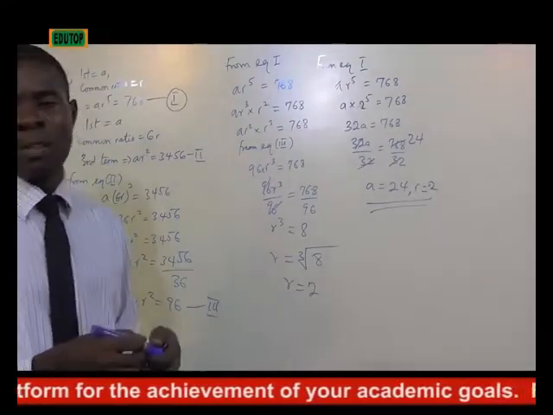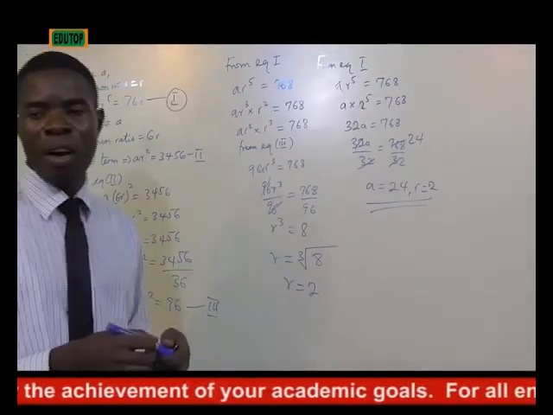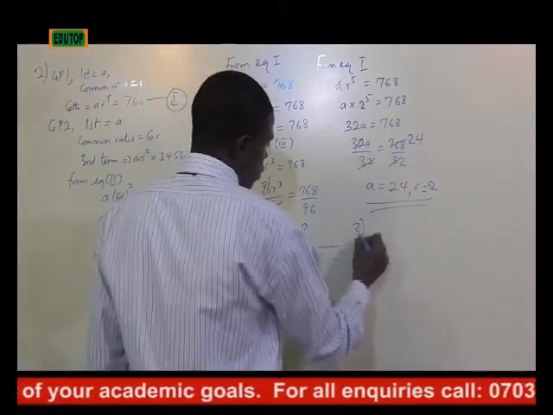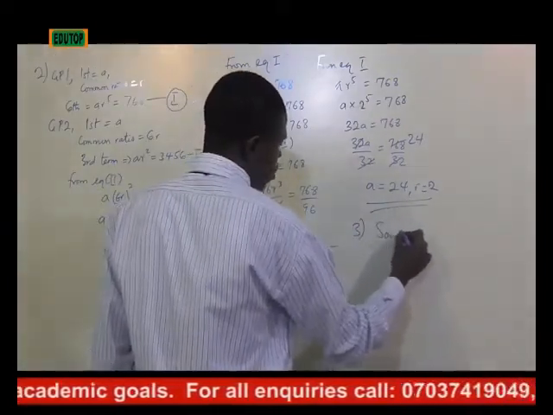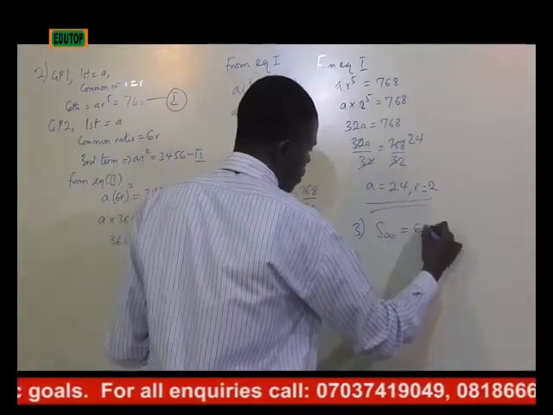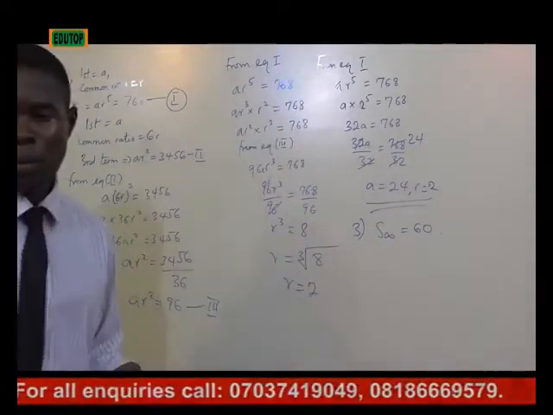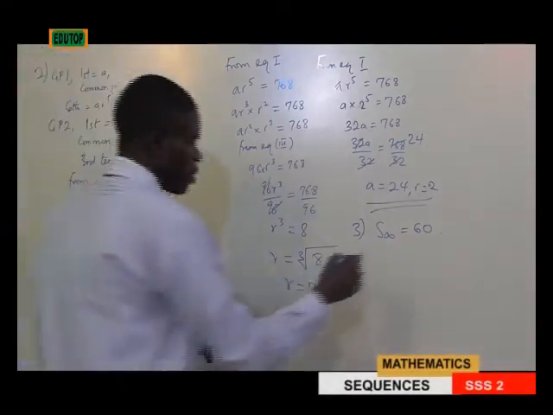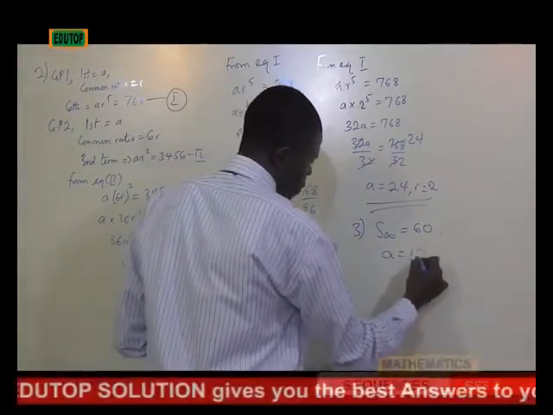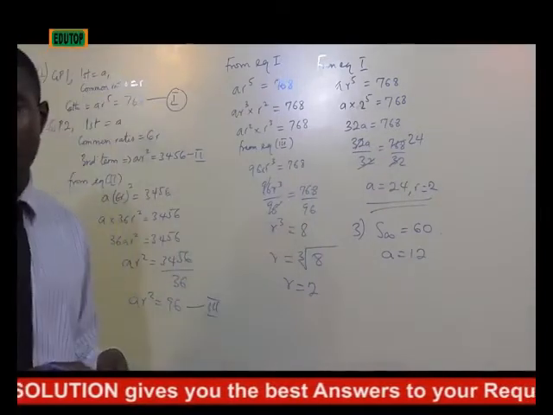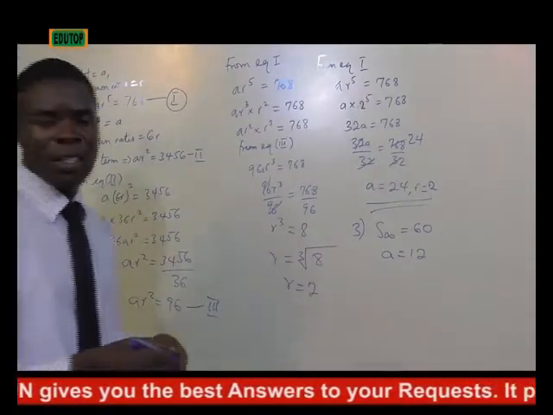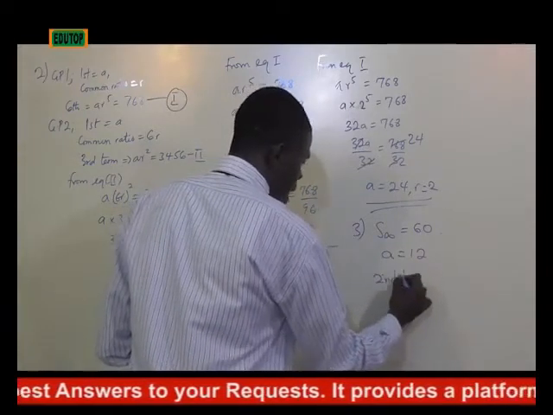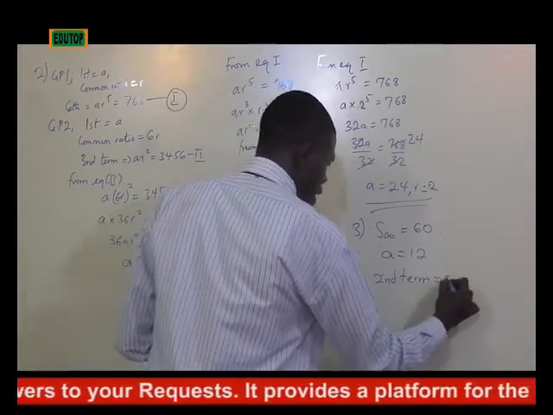Question 3. The sum to infinity of a GP is 60. If the first term of the series is 12, so our first term is given as 12, find its second term. We have to look for the second term, and the second term has the formula AR.